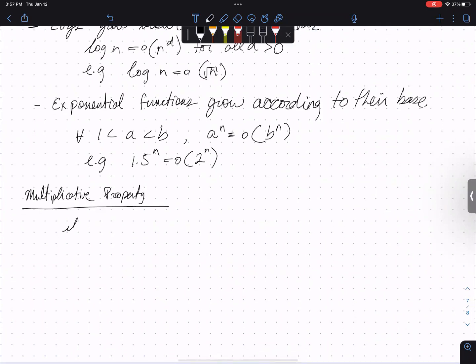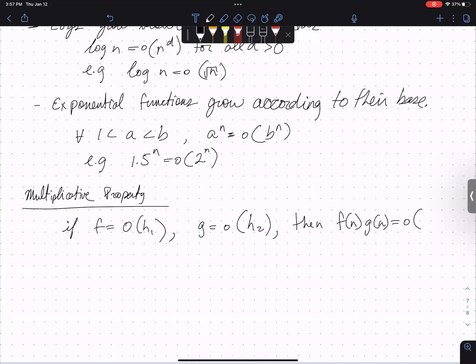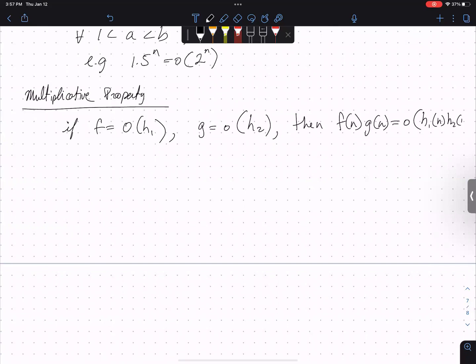If you have a function f that's big O of some function h1, and g is little o of h2, then f of n times g of n is little o of h1 of n times h2 of n.